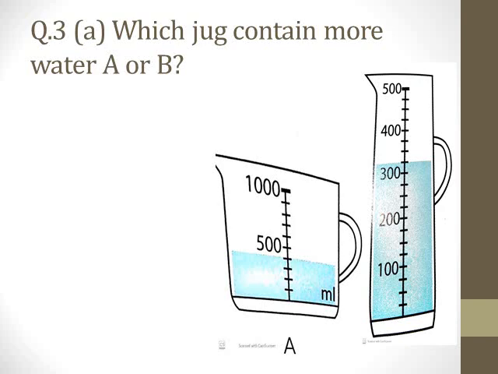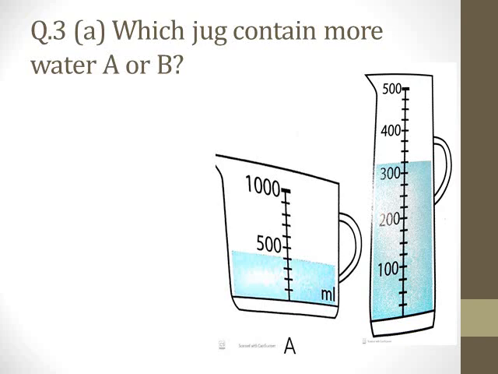Again I need to find the one interval value, because the reading is exactly one interval ahead of 300. If it were exactly at 300, I could easily say this is 300 milliliters of water, but it is not exactly at 300 ml. It is one interval ahead of 300.